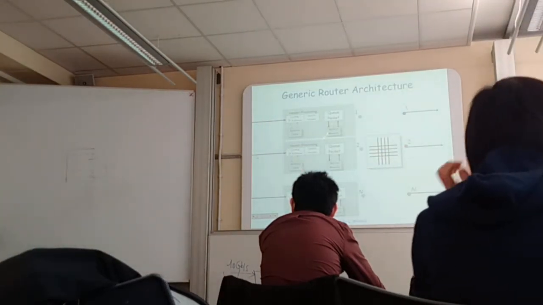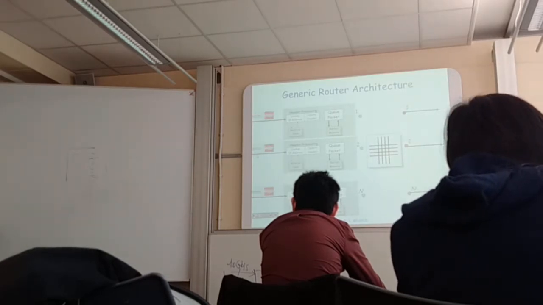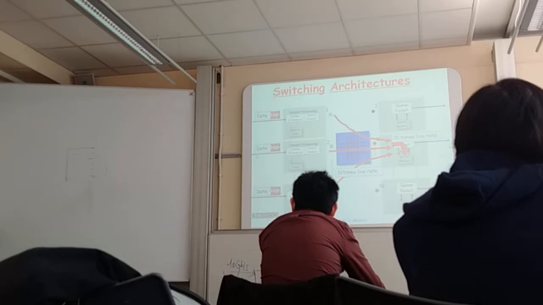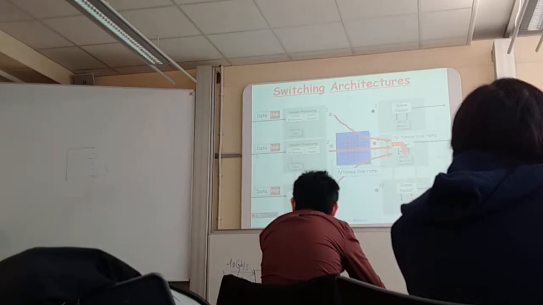So, now the key difference between this architecture and the previous one, please note this again. The memory bandwidth of this architecture is a function of 2 variables, the line rate and the number of inputs, and they are multiplicative, n times.